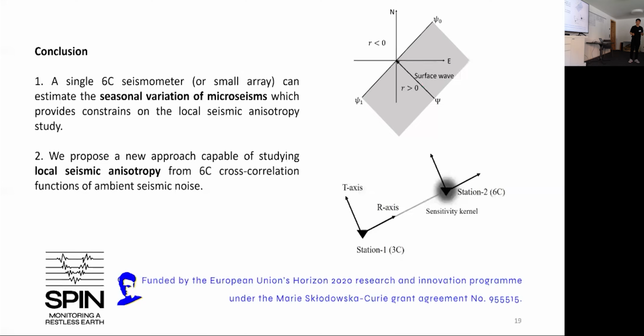It is available for other regions. And second, if we have one pair of stations, we can use the cross-correlation function and this technology to estimate the local phase velocity and do further analysis.